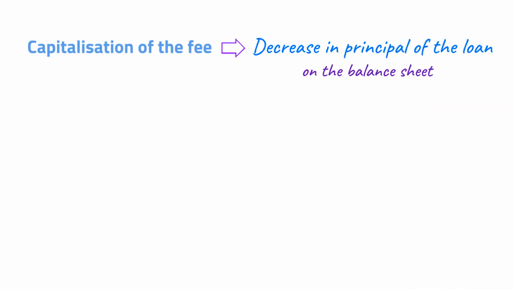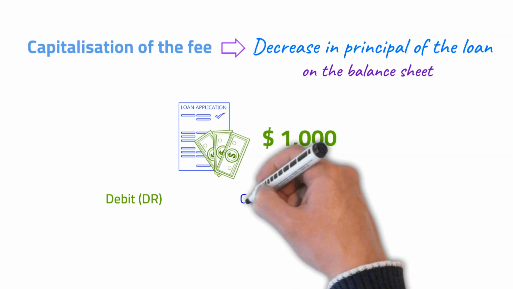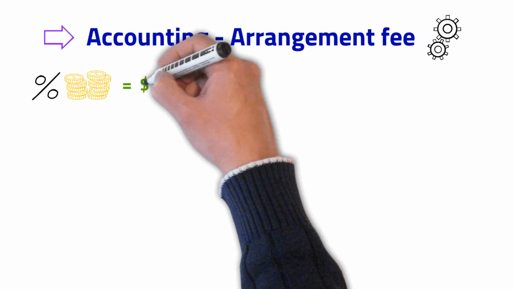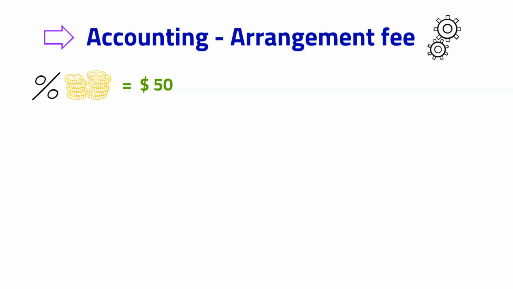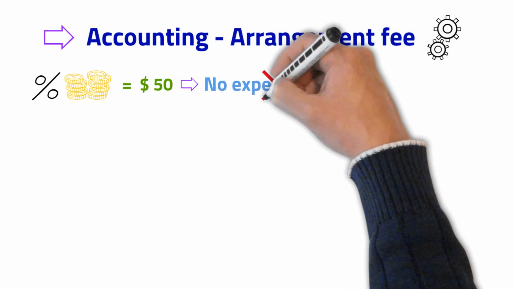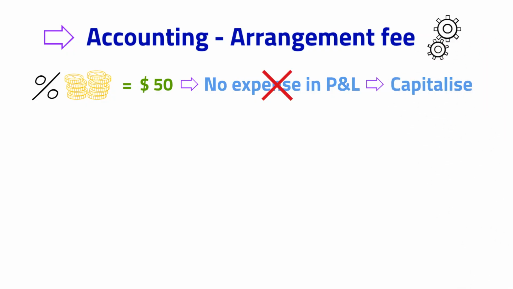It may sound confusing, so let's have a look at how it works. Back to our $1,000 loan. When we got it, we recorded debit cash 1,000, credit loan payable 1,000. Now, let's imagine the bank charges $50 for it. That means we now need to transfer these $50 to the bank. But instead of expensing in P&L, we will record this payment against the loan payable. It's a debit journal entry, as for an expense.